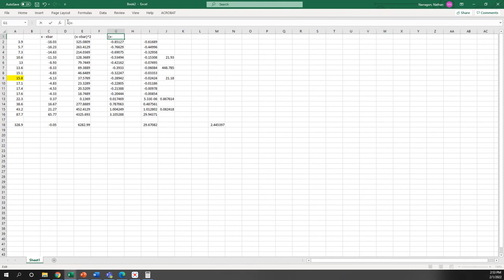So this formula was X minus X bar divided by standard deviation. And then this ends up being that formula. 2 cubed. So kind of like that.